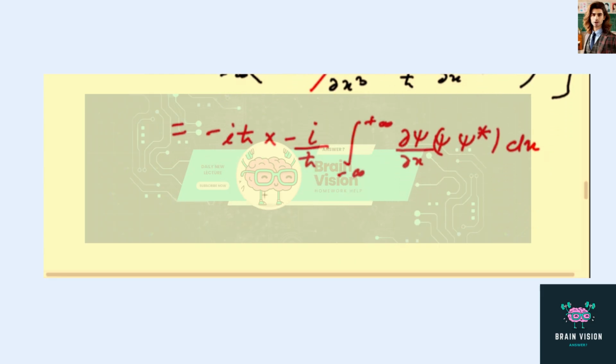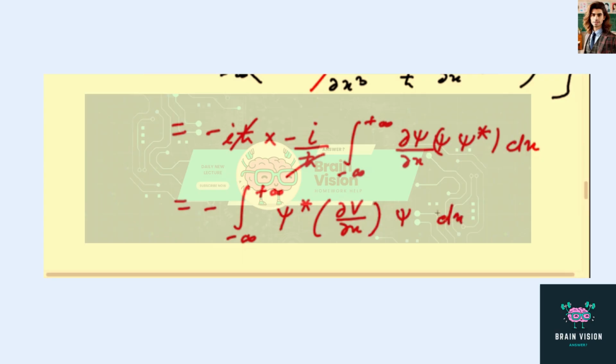So here this minus minus plus, i square is minus 1, that is minus, and ħ and ħ cancel, and here you will get only this value. We can write ψ* here and ∂V/∂x here, and this ψ is here, in the form of the expectation value.